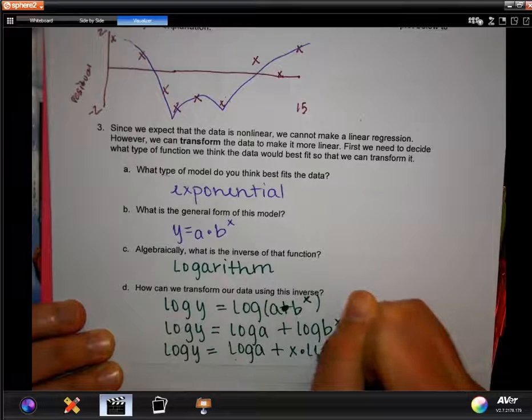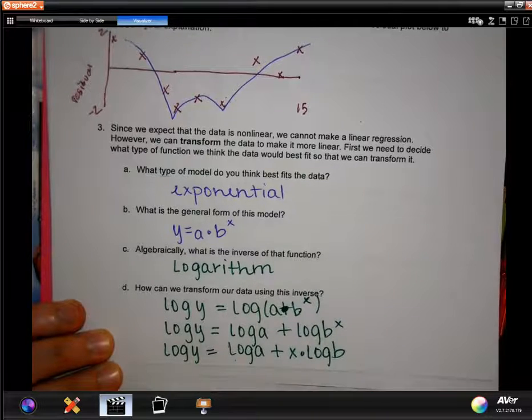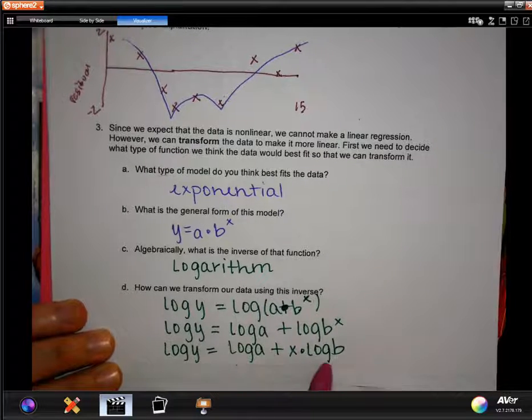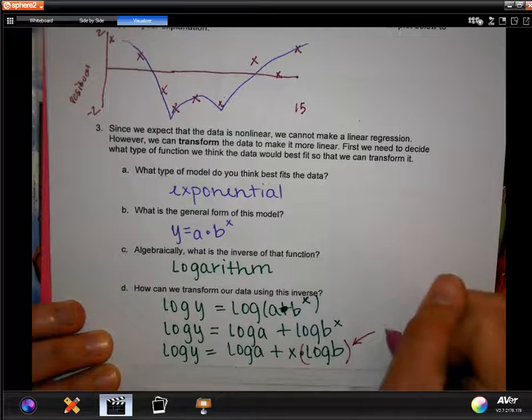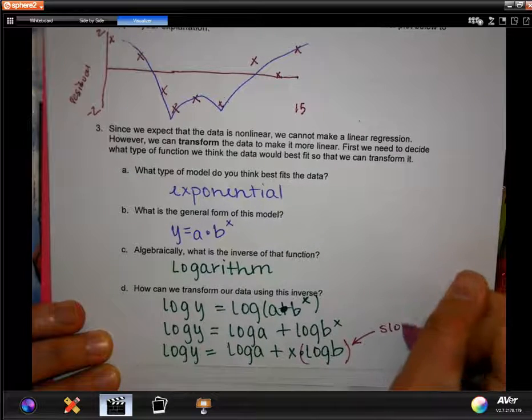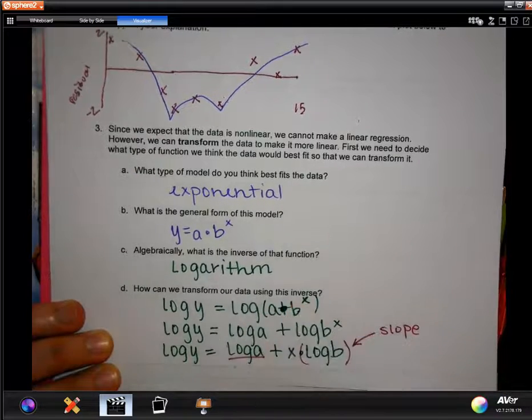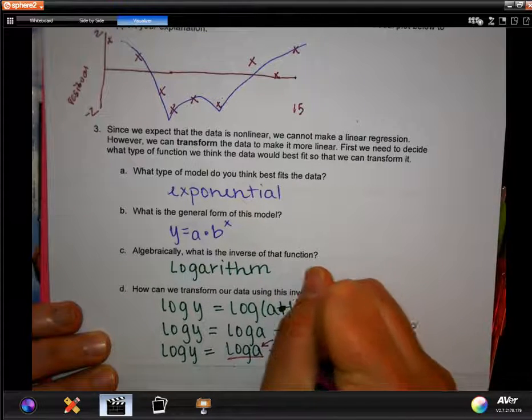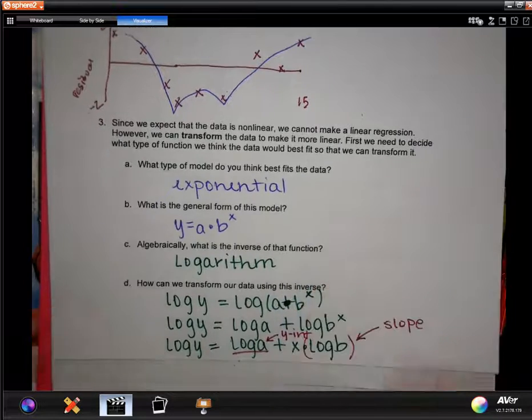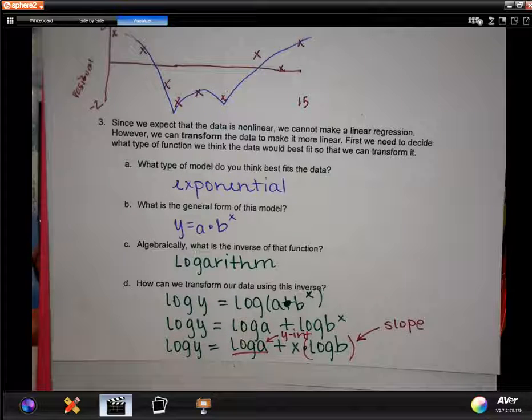We end up with something that looks very much like a linear equation. We have something multiplied by x. That's our slope. And then we have this constant being added, and that's our y-intercept. That is really cool, isn't it? Finally something good came out of logs. Honestly, yeah.